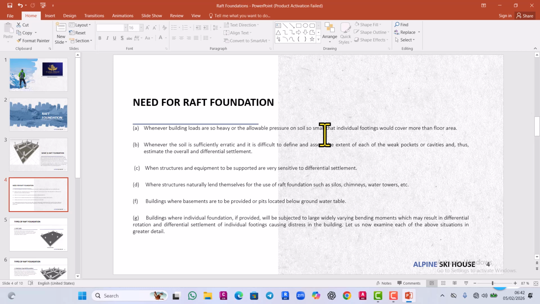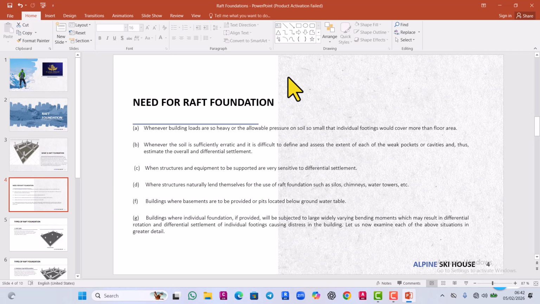Another one, part B, is when the soil is sufficiently erratic and it is difficult to define and assess the extent of each of the weak pockets or cavities, and thus estimate the overall differential settlement. What he's saying is that by erratic we mean something suddenly changes.